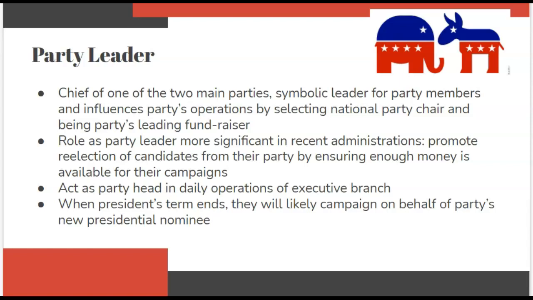The president also acts as the party head in daily operations of the executive branch, and when the president's term ends, they also will likely campaign on behalf of the party's new presidential nominee. So they always remain attached to, and in some way, a symbolic leader, even when they're not in office.